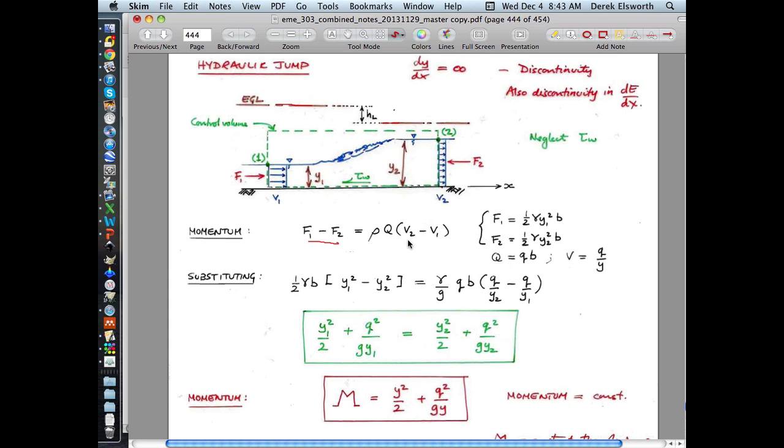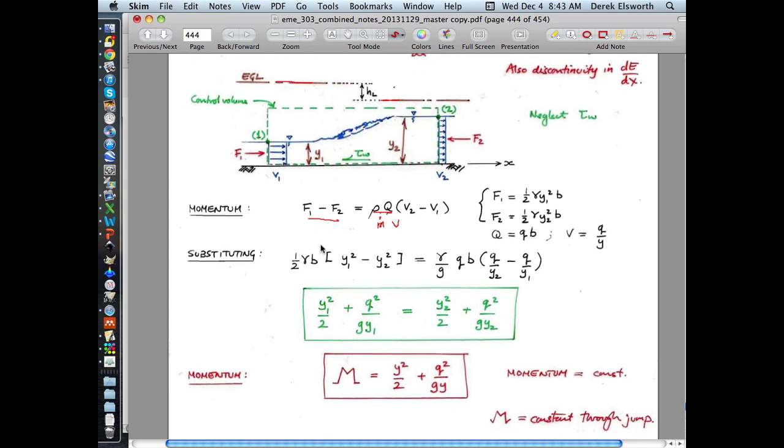Momentum is mass times velocity. So it's mass flow rate. So this is mass flow rate. So remember, this is m dot, and this is velocity, these two terms. And we equate that to the forces on the system. Don't have to worry about it.